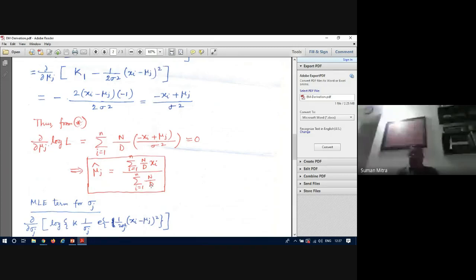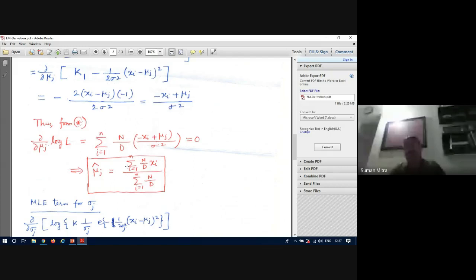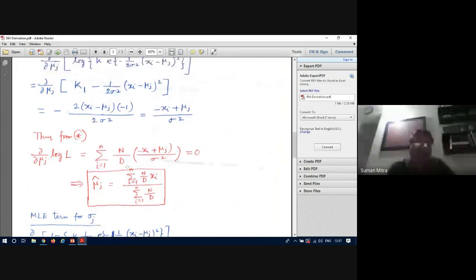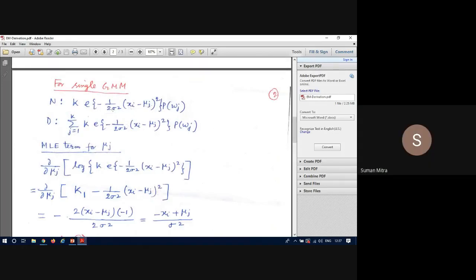So what is this? This is nothing but the weighted mean of the data. And what is the weight used? n by d. What is n and d? N and d is this two. That I know. I do not know mu j, but I know that all sigma square are the same, all sigmas are the same as sigma square, and wj's are known.